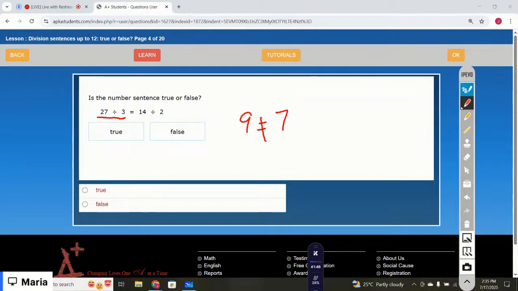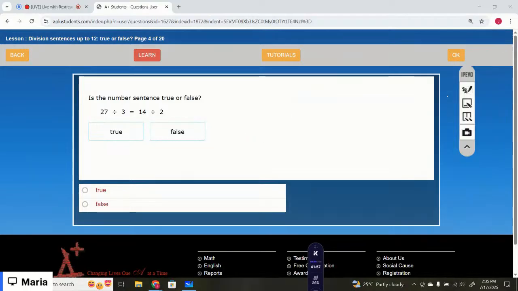So 9 is not equal to 7. So false it is. Option number 2 is the correct option. That is false.